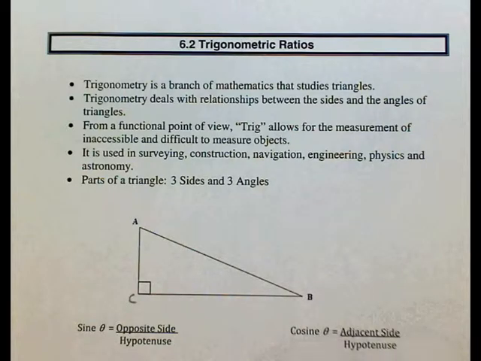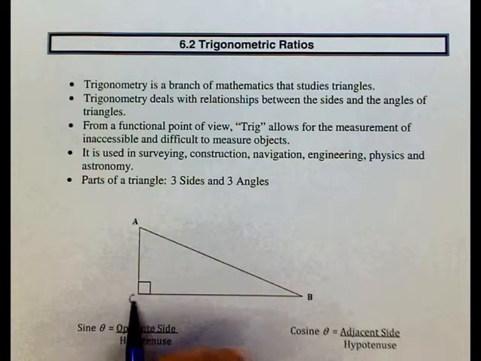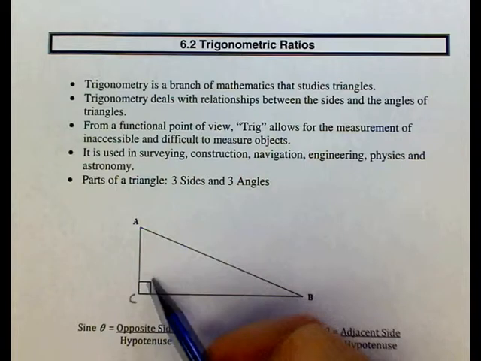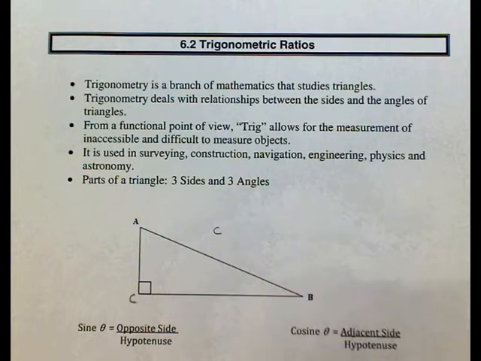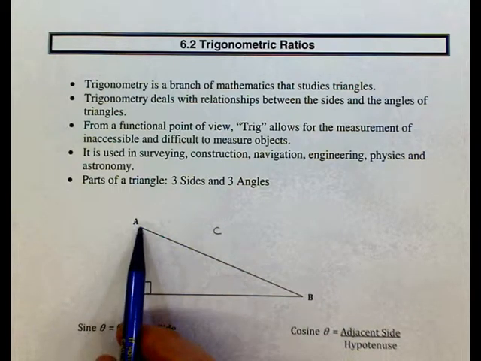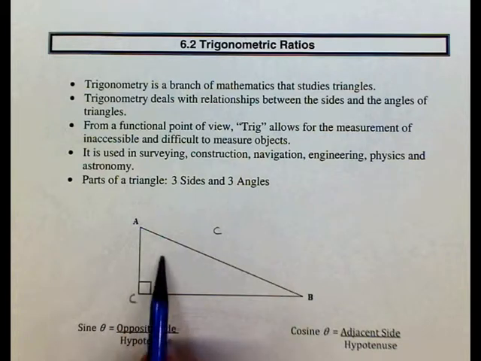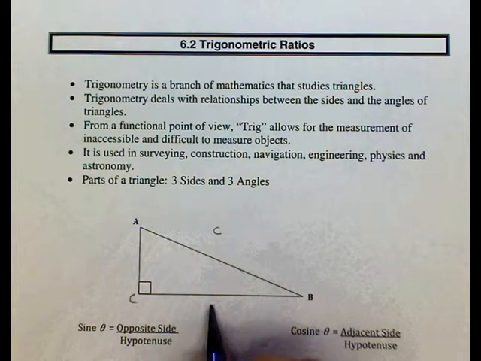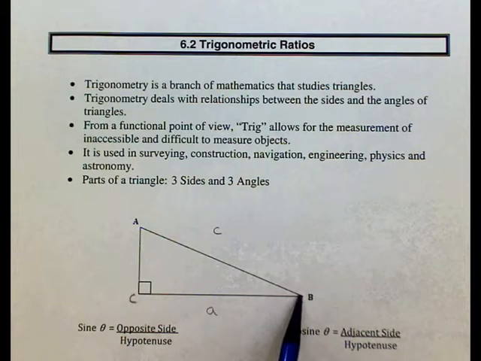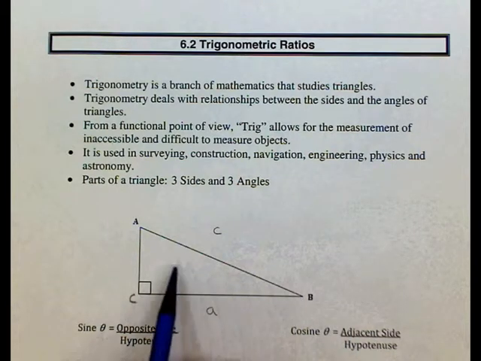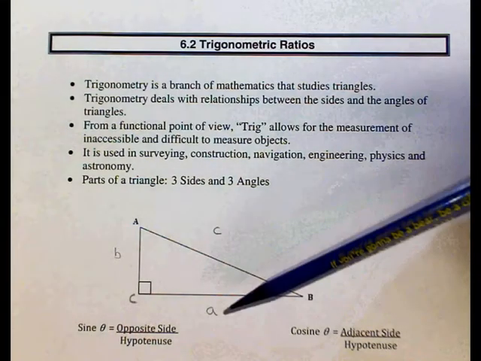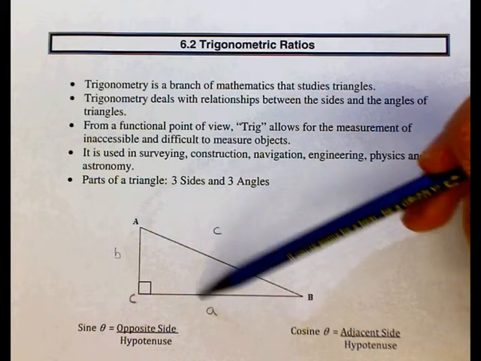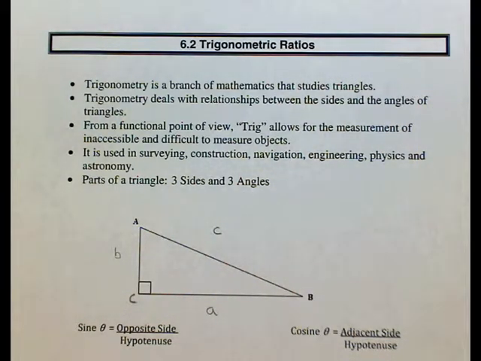Our sides, we'll label them with lowercase letters. So our angle C, we're going to go across through the 90 degrees to get to side C. A, this is angle A. We're going to go across through the triangle to get to side A. B, we're going to go across through the triangle to side B. You'll notice that in each case we've gone across and through the triangle to label our sides.